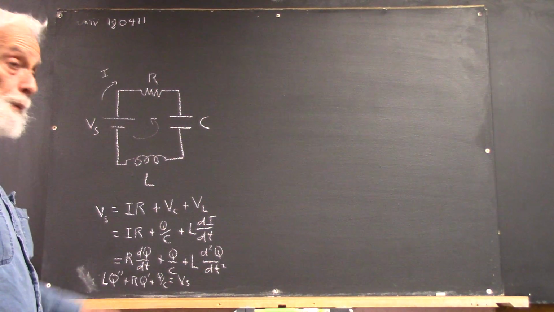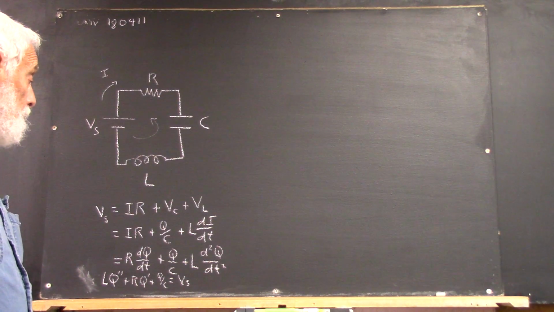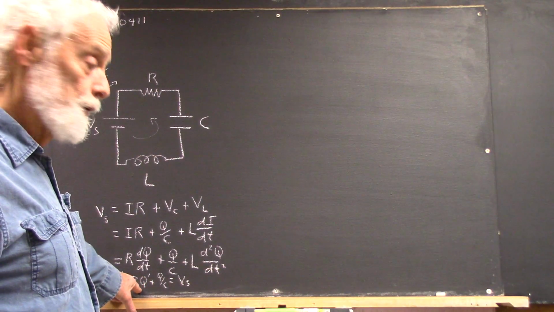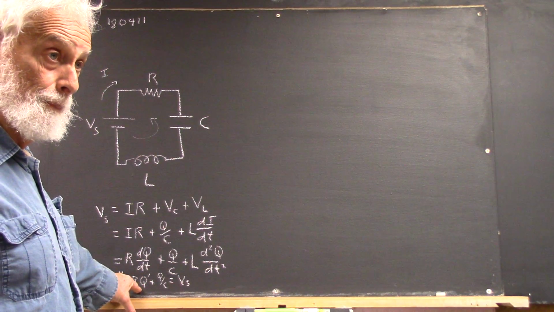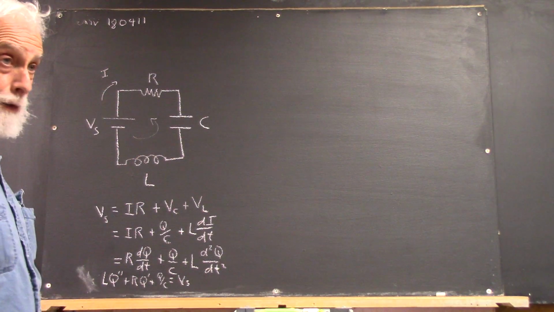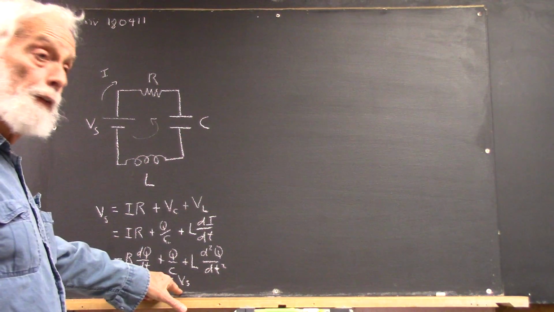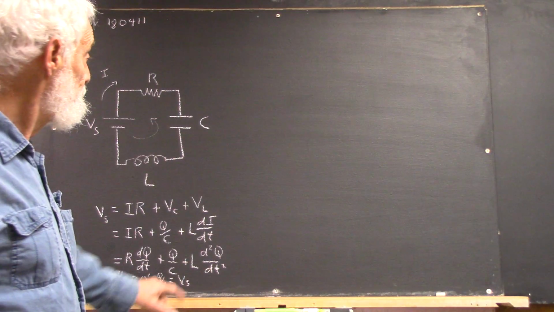And the homogeneous equation is really easy to solve. So nothing to it, right? So we'll defer the solution to this and the interpretation in terms of what's going on here, because right now we're just looking at how you write down the equations for the loops and what you get out of them. But we can easily solve this equation, and we will, and then we'll interpret it, okay?